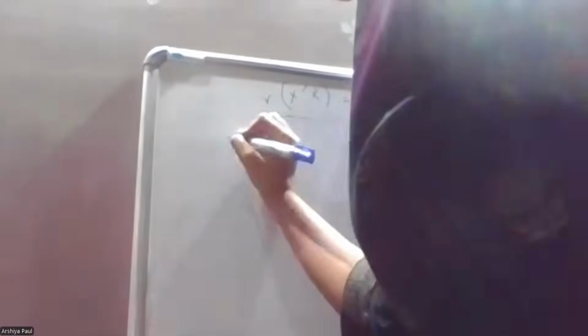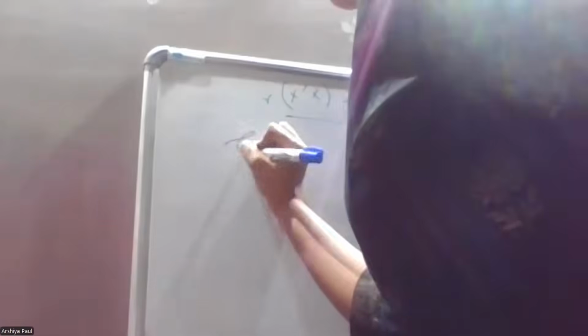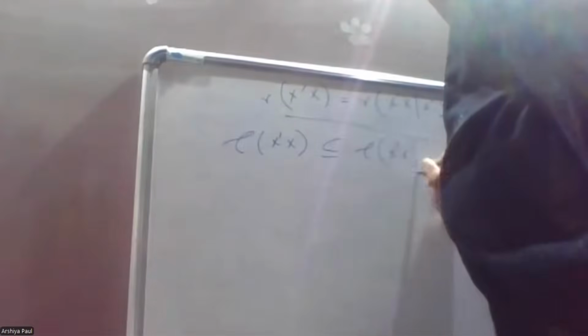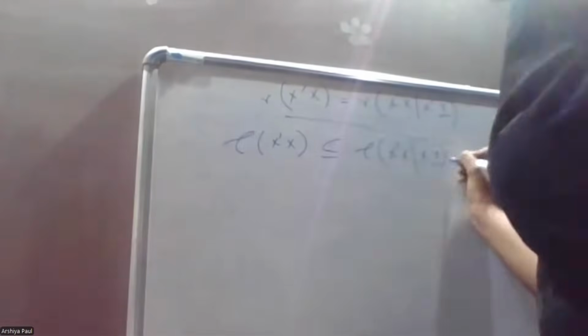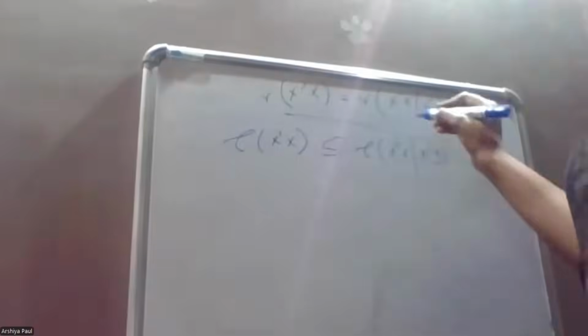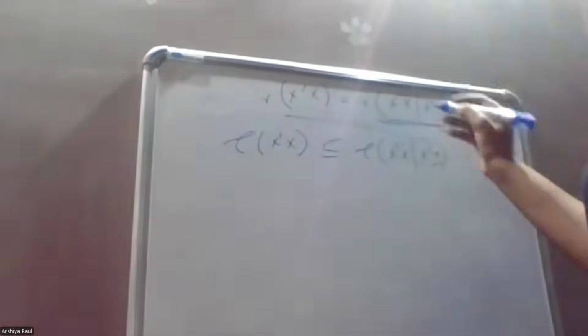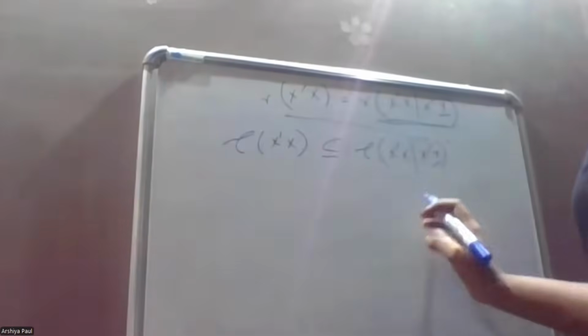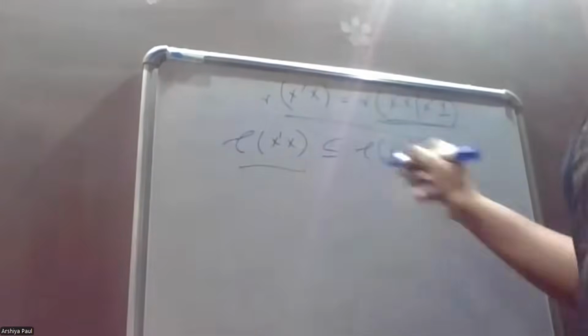You can always say this because this matrix is obtained by adding a column to X transpose X. So the column space of X transpose X will always be a subset of the column space of X transpose X augmented with X transpose y.